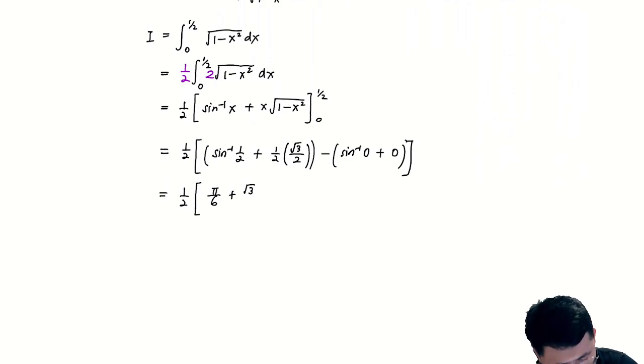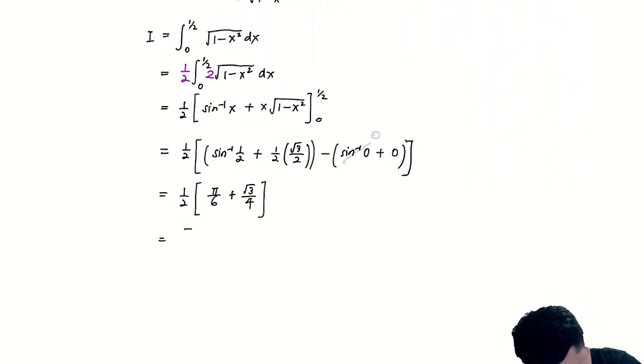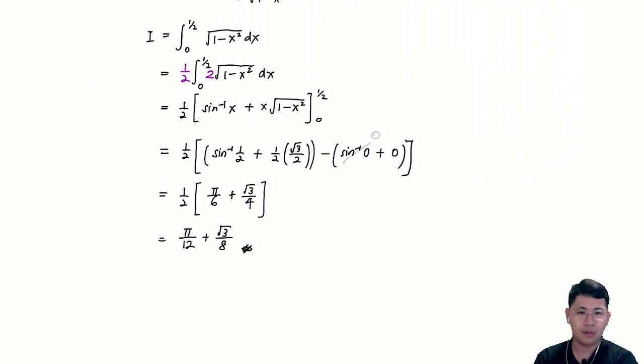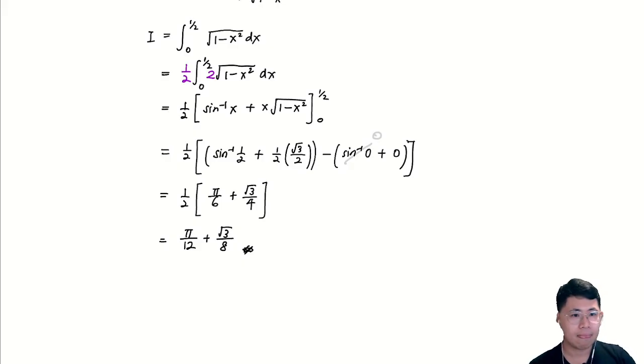Then sine inverse 0 is 0, and the one at the back is also 0. Half of this, so altogether, expanding the half, you'll get pi over 12 plus square root 3 over 8. So this is the final value for I.